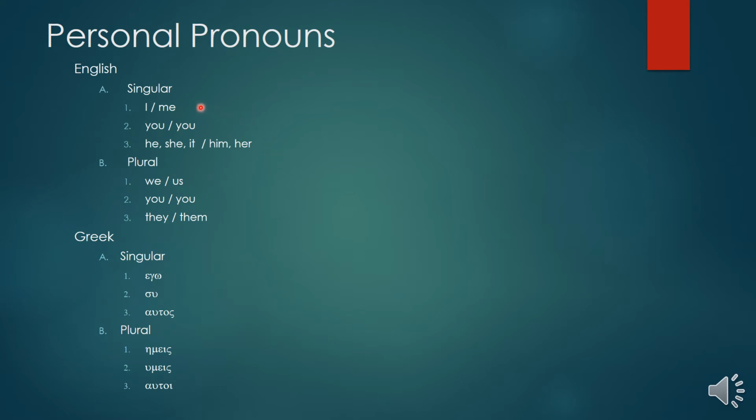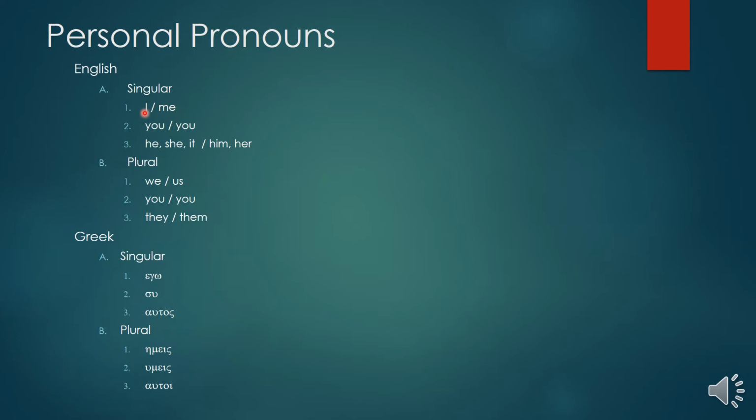So, as we begin to study personal pronouns, let's review English. In English, there are the personal pronouns in first, second, and third singular, and first, second, and third plural. So in English, we have a first person personal pronoun, I. I can either say Scott, which is my name, or if I want to use a pronoun to take the place of Scott, I say I. So that's the first person pronoun, I. Now the objective form is me.